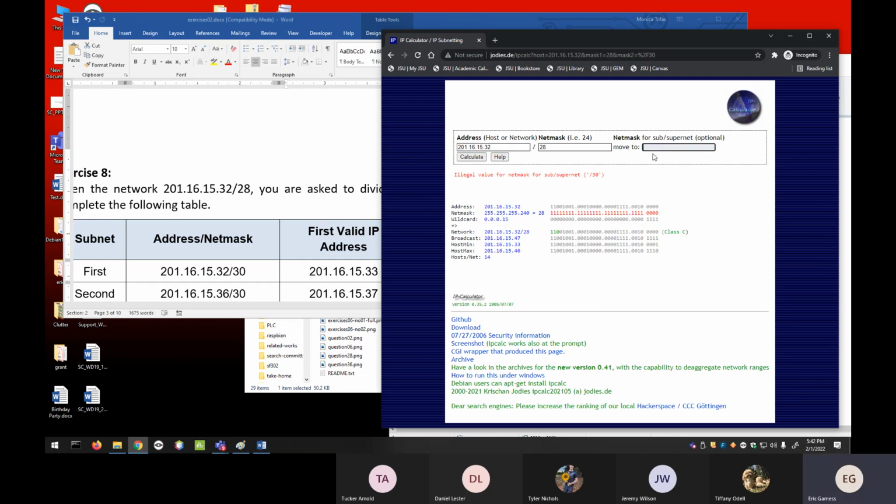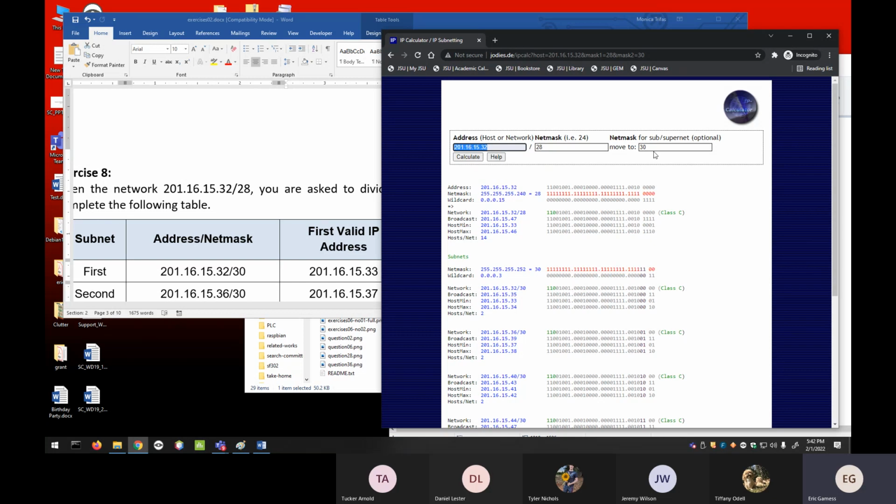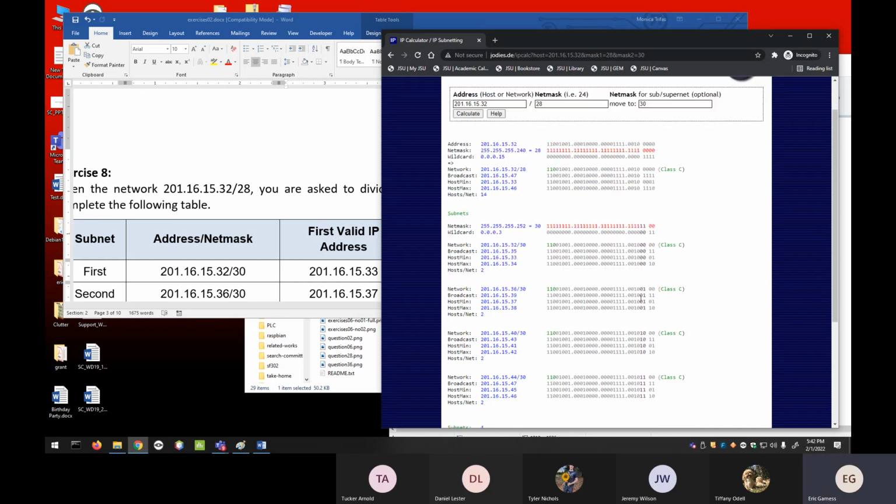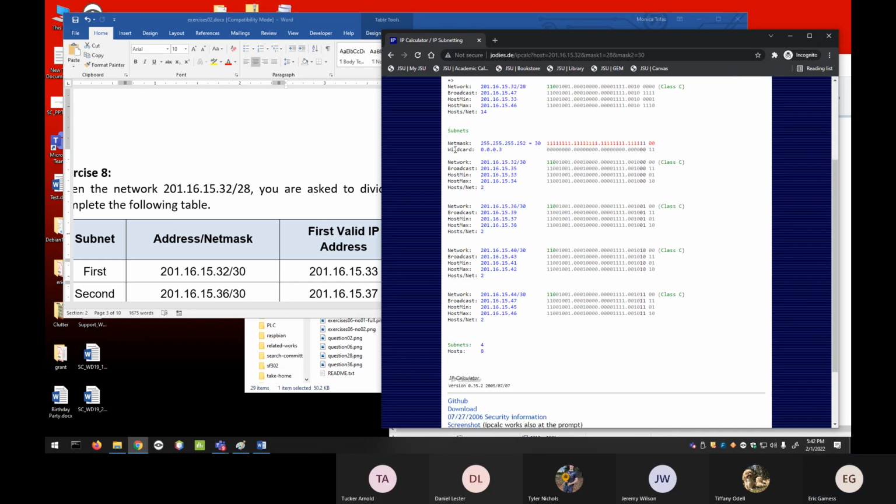Move to, I just put 30. Yeah, I have to put just 30. Oh yeah, here we don't put the /. Look, so this is the original network. And this is the subnet.